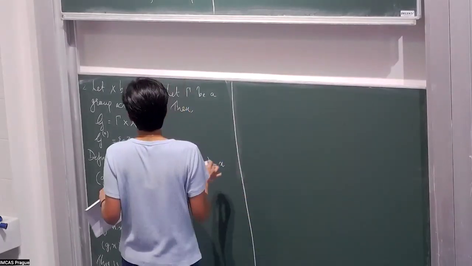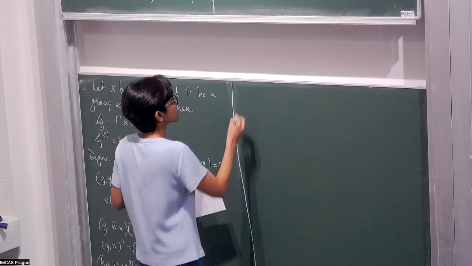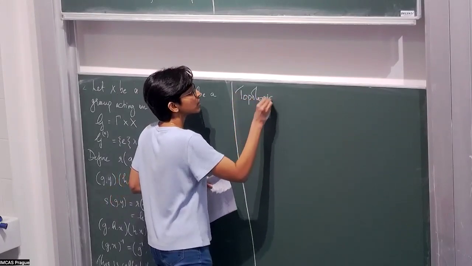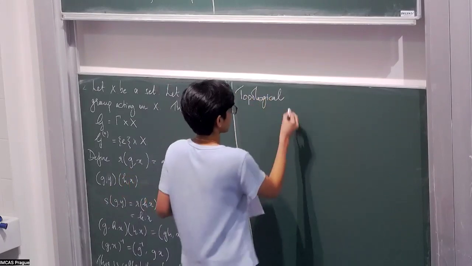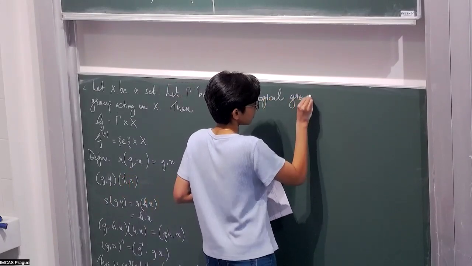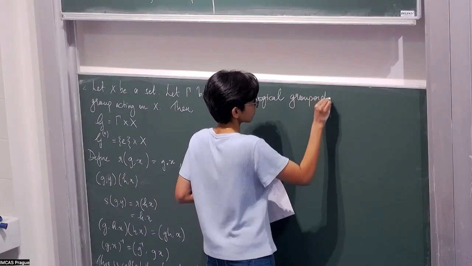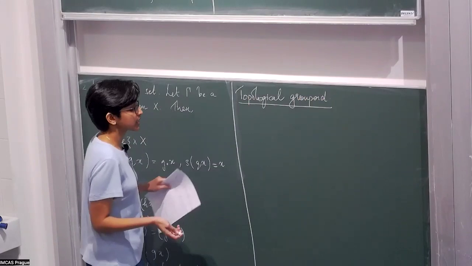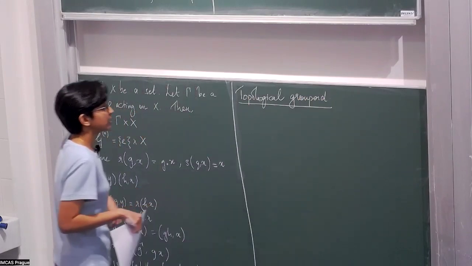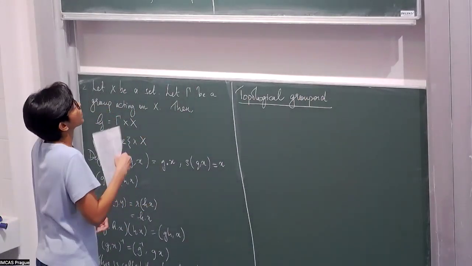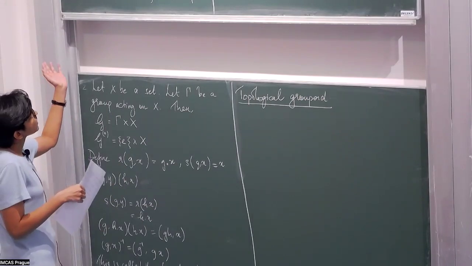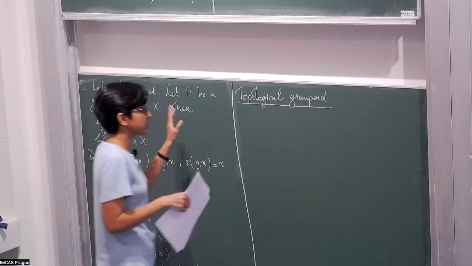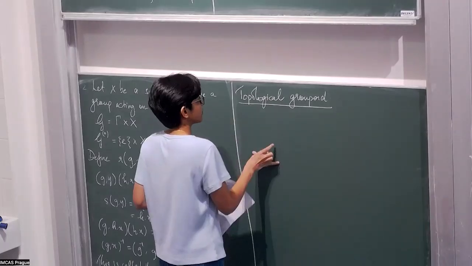Okay, now let's make things a little bit more interesting and consider topological groupoids. So it is exactly what one would guess. Now we need a topology on our groupoid such that all of the maps that we mentioned are continuous.